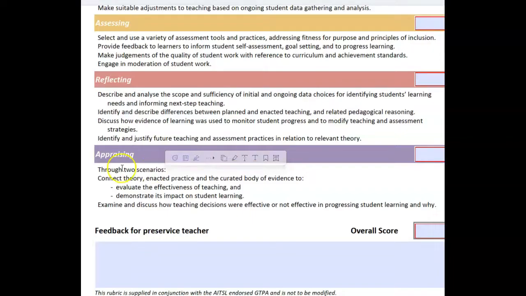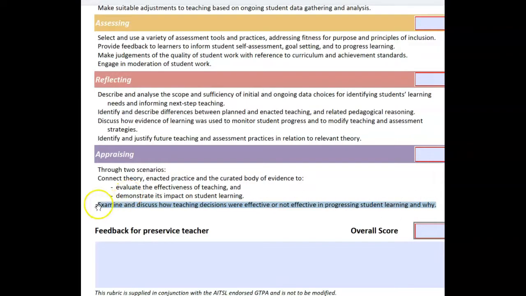So you have to connect your theory, what you did, which is your planning and teaching, and a body of evidence evidenced it, and evaluate was it effective and did it demonstrate impact. The last one, let's leave to the side a little bit: how they were not progressing the student learning and why.